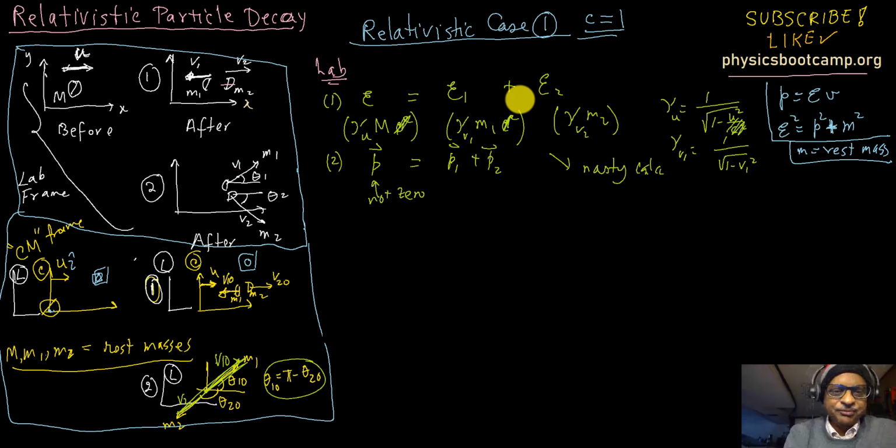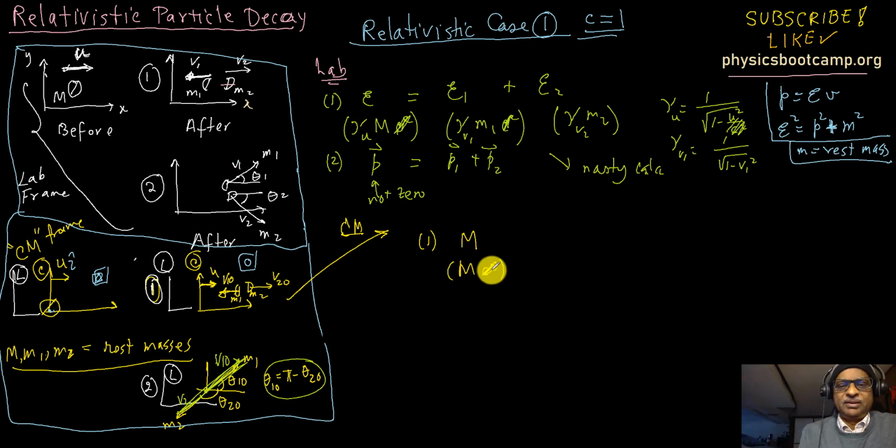Okay, contrast that with doing the calculation using that. So this is in the CM frame. Now the energy is not that, it's at rest. So it's just M, which is like mc², and gamma equals 1.